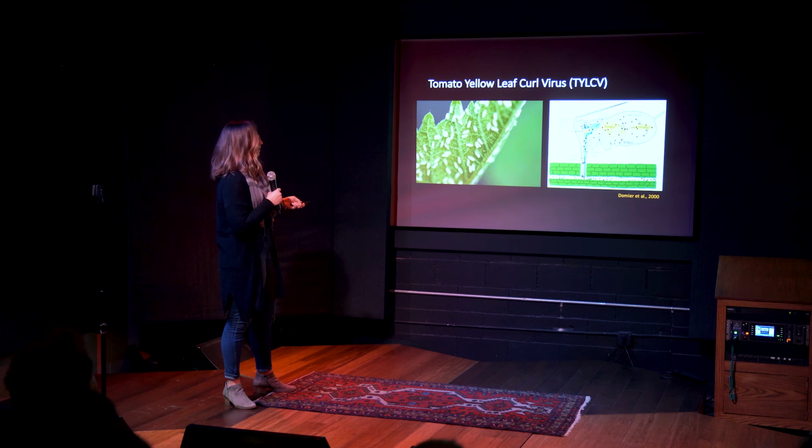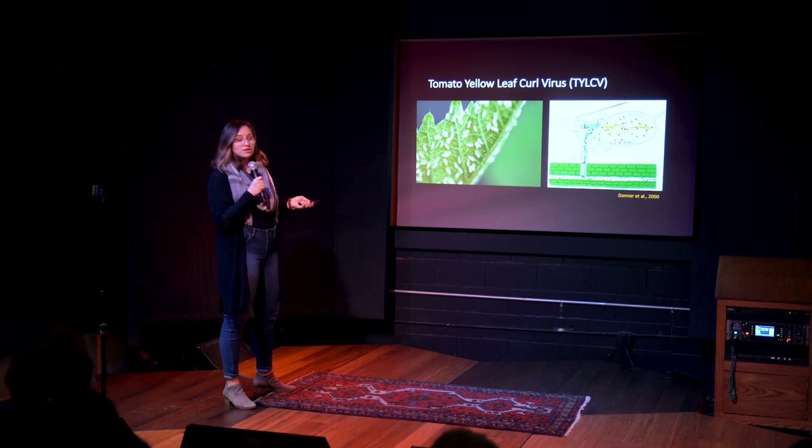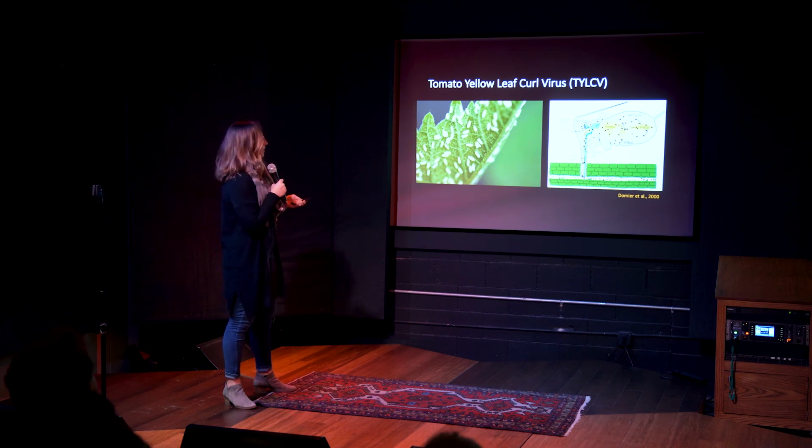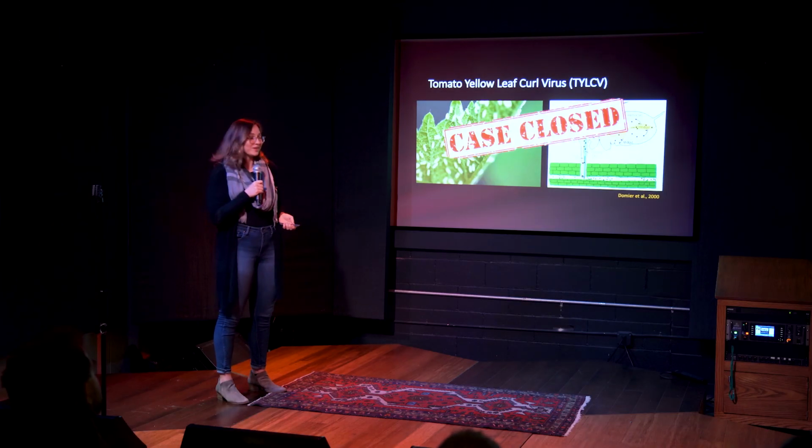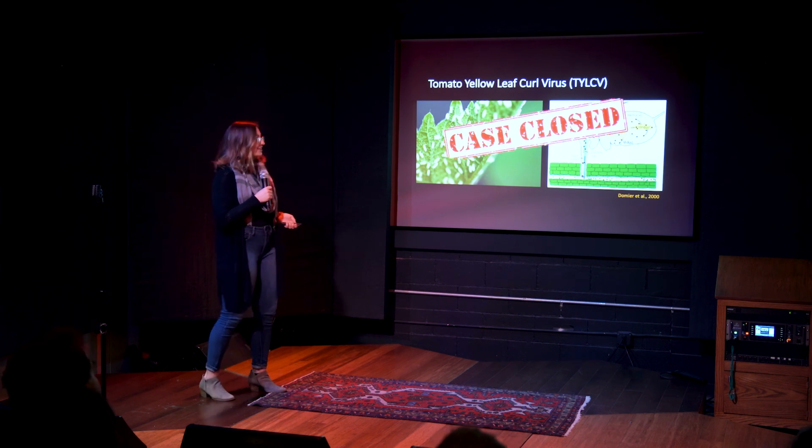And once the viral particles make their way into the salivary gland, that spit can also contain viral particles. So that's how this disease is transmitted, by whiteflies. And it is a really, really big problem, especially in greenhouses, but also outdoors. So, great job, guys. This is our second case closed, and we only had 2, so you're at 100%.